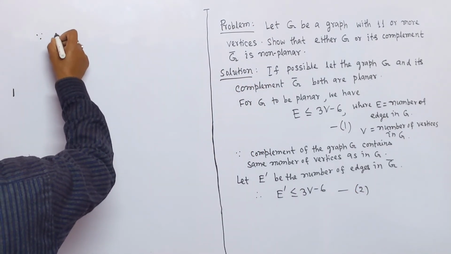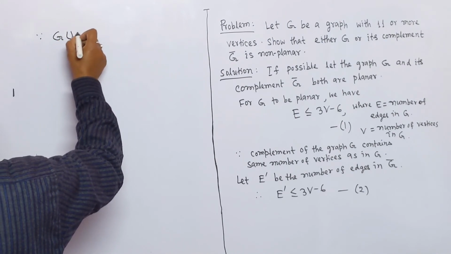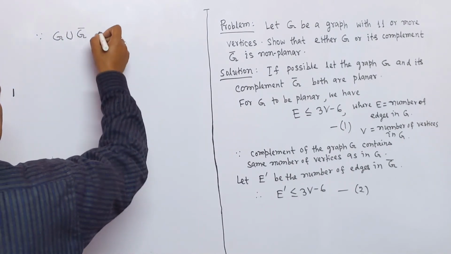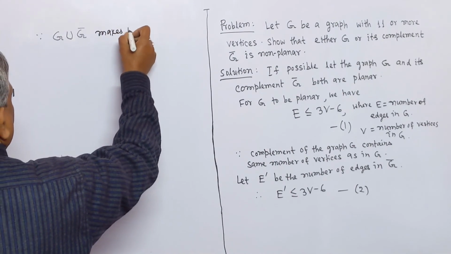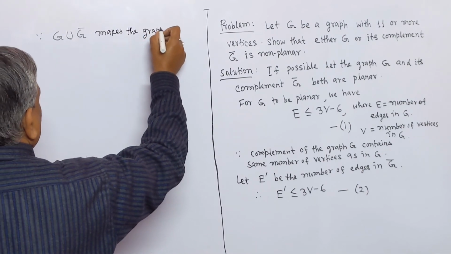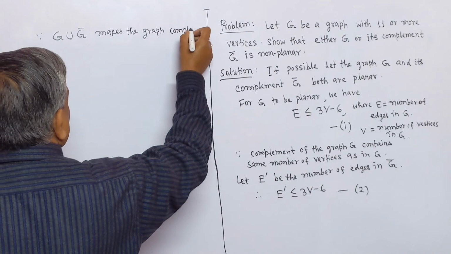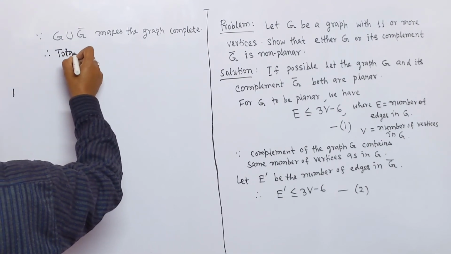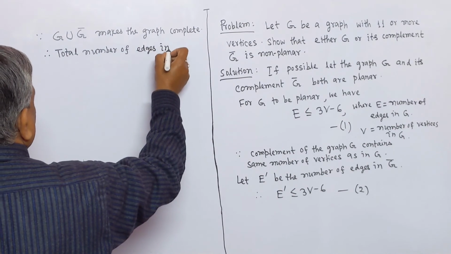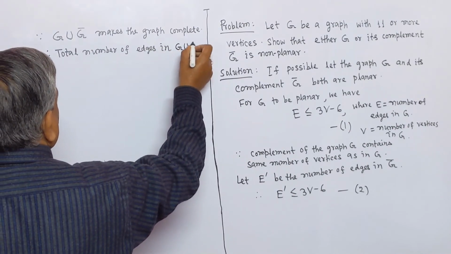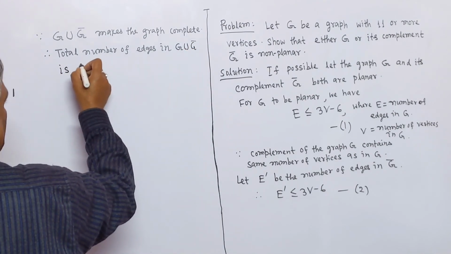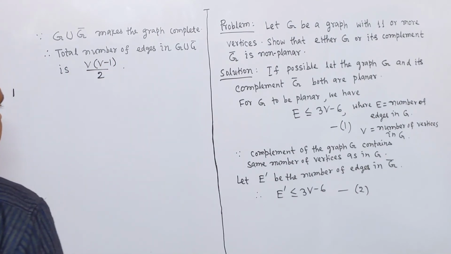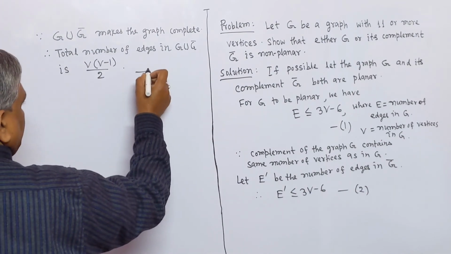Since G union G bar, that is the complement of G, makes the graph complete, the total number of edges in G union G bar is V multiplied by (V minus 1)/2. This is number 3.